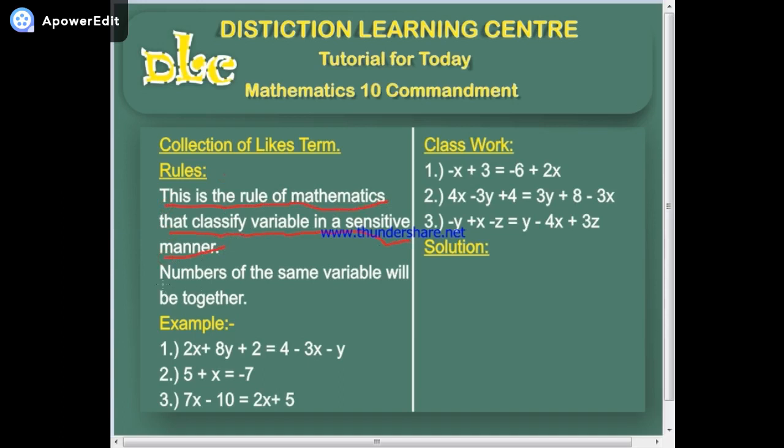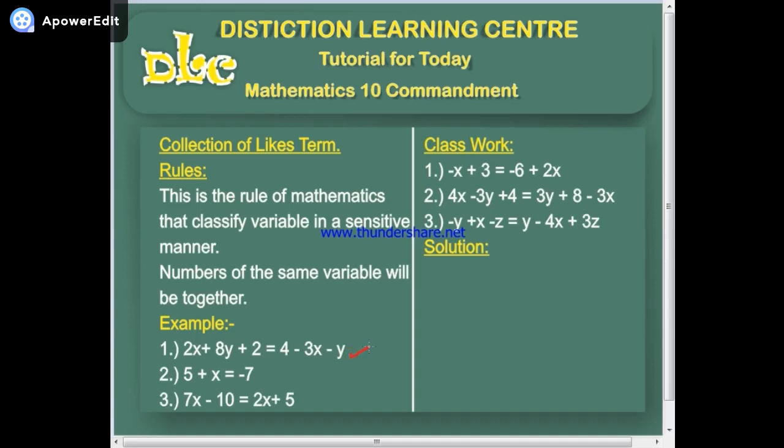And also, terms of the same variable will be together. So what this is trying to insinuate is that those variables that have the same attribute will be together. Now let's start from this example.